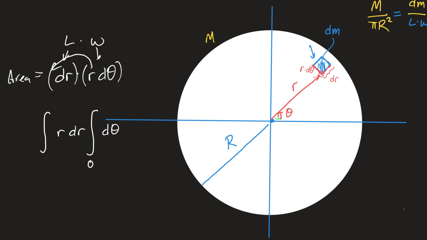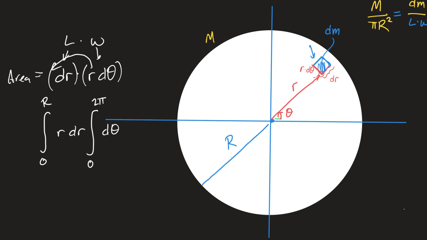And I'm going to add every box from the middle of the disk to the edge of the disk. And then I'm going to go to the next angle and add up every box from 0 to the edge. And I'm going to go all the way around my disk. So how many radians will I have to go around to go all the way around my disk? 2 pi.